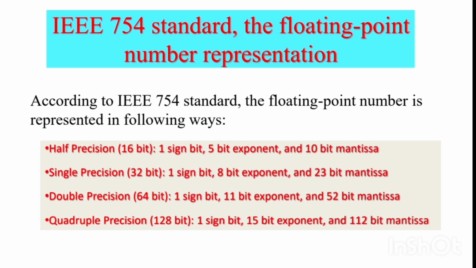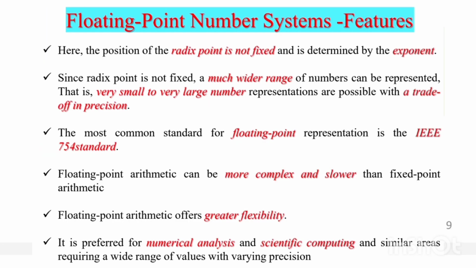That's all about the IEEE 754 standard for floating number representation. The main features of floating point number systems are listed over here. The first important feature is that its radix point position is not fixed, and it is determined by the exponent.